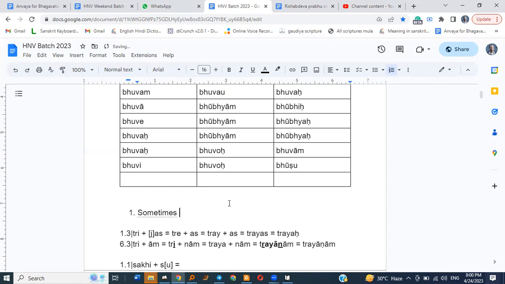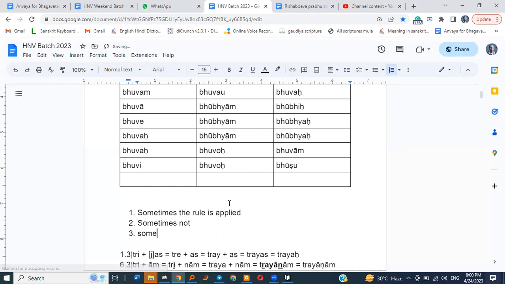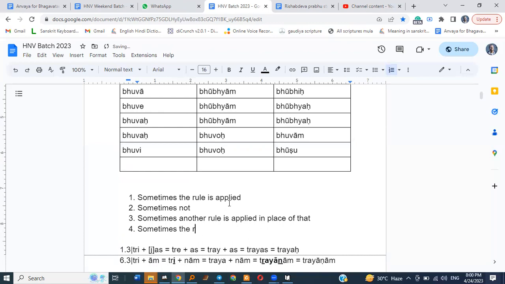Sometimes the rule is applied, sometimes not. Sometimes another rule is applied in place of that, and sometimes the rule is optionally applied.